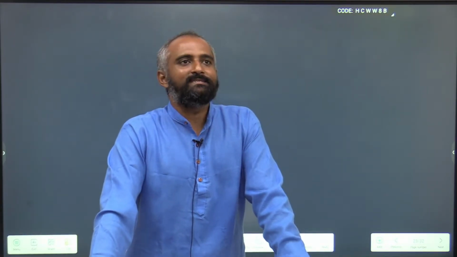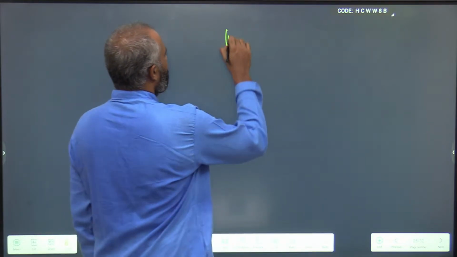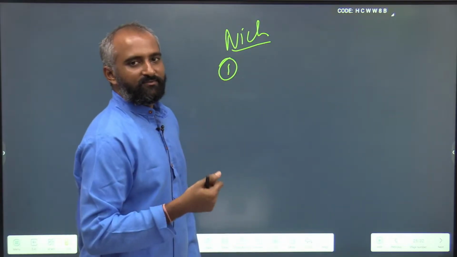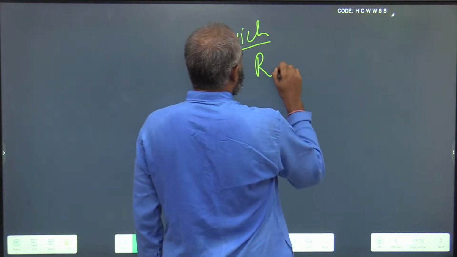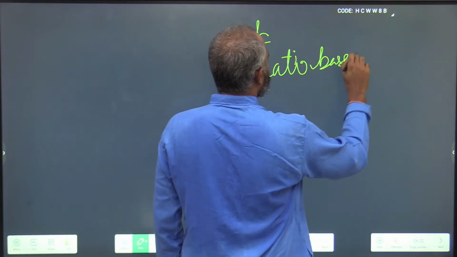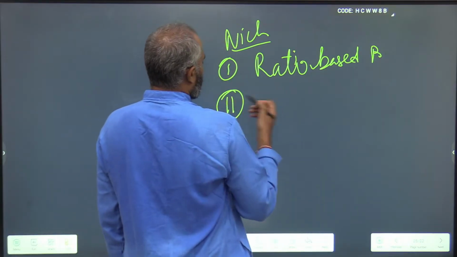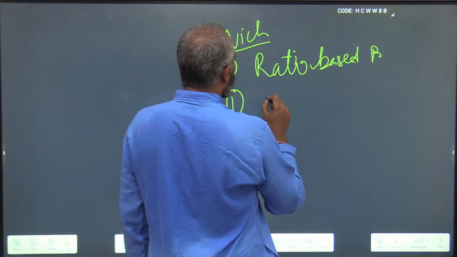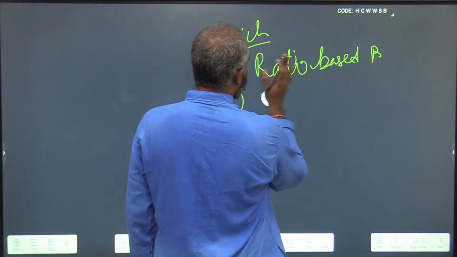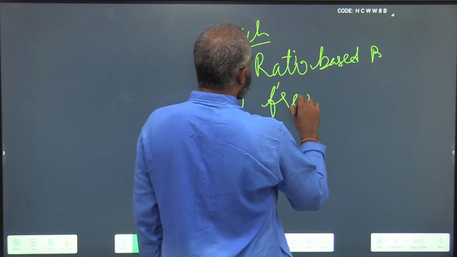So in the next session, next Saturday at the same time, 11 AM, we will see niche problems on profit and loss. For example, we will see 2 or 3 types in one session itself. We are going to see ratio based problems on profit and loss. And second, we will also see problems based upon free articles.